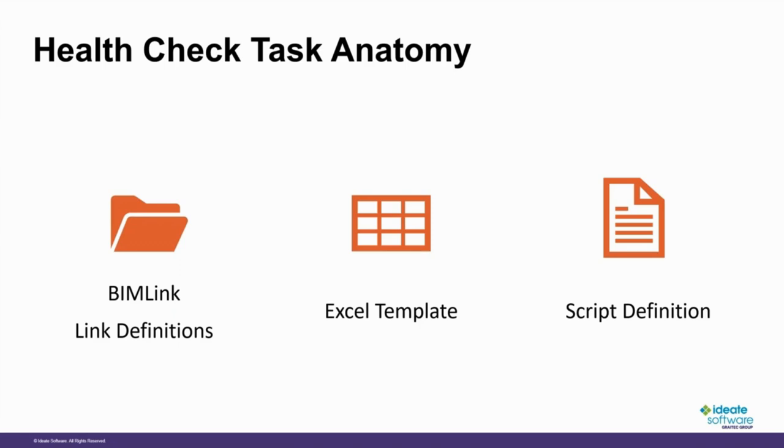It then uses an Excel template that pulls together all of that BIM link information and visualizes it in a summary page. And finally, we have a script definition. The script definition runs all of this for us, and it is also the form interface that shows up when we complete the form on the create page of Ideate Automation.